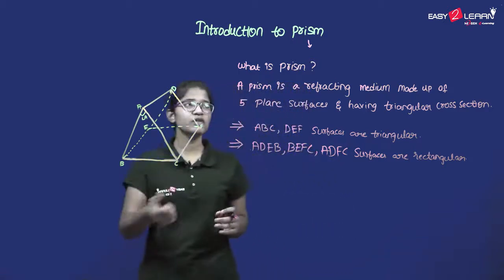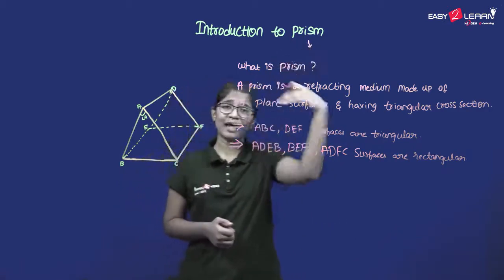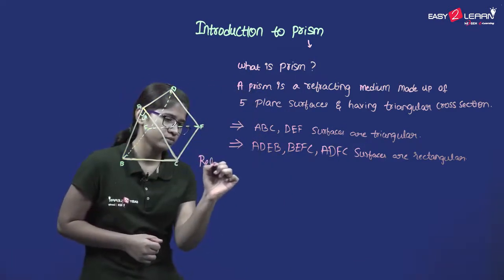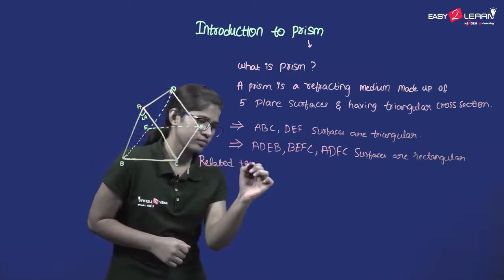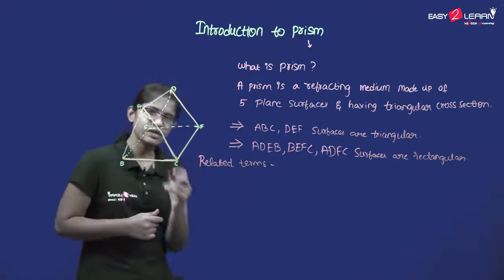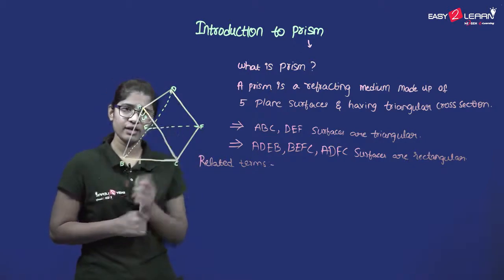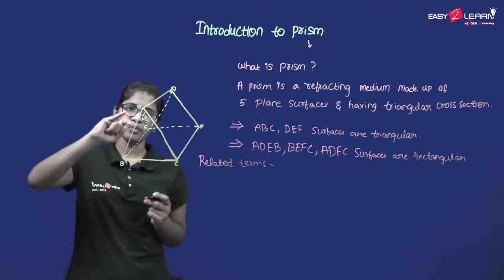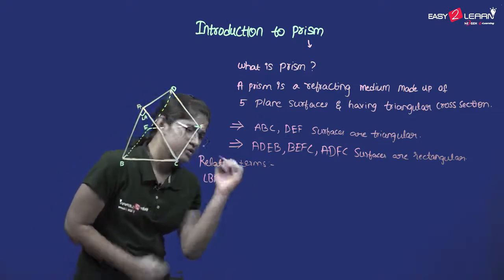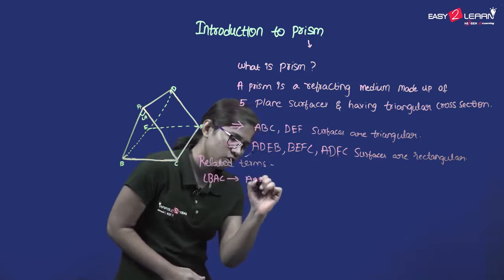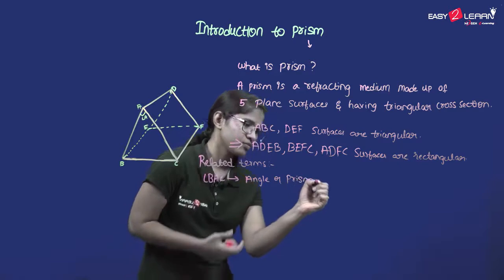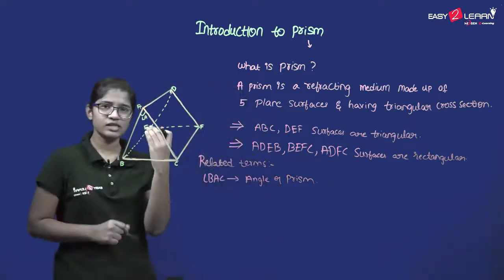Now we are going to learn about the prism and its related terms. What are the different related terms? The angle A, which is the angle BAC, is called the angle of the prism.